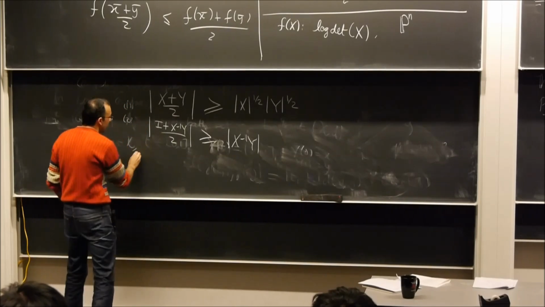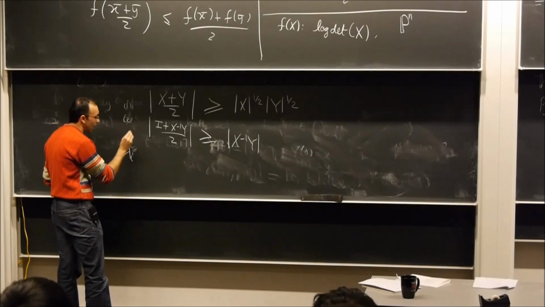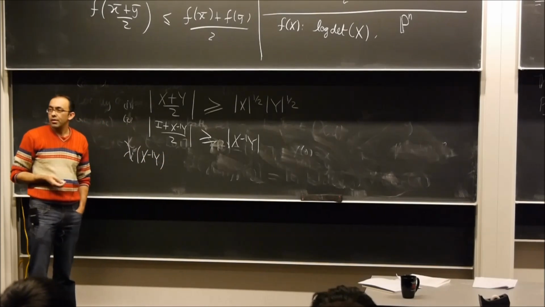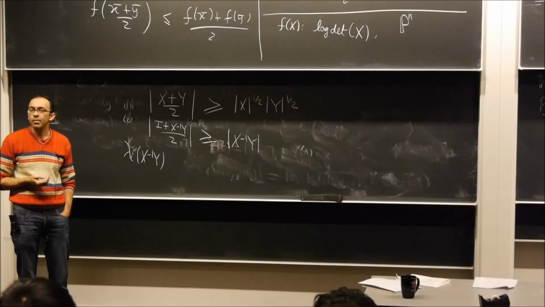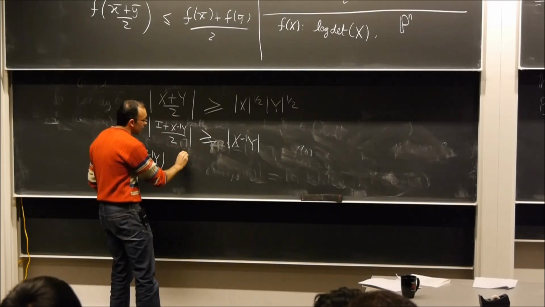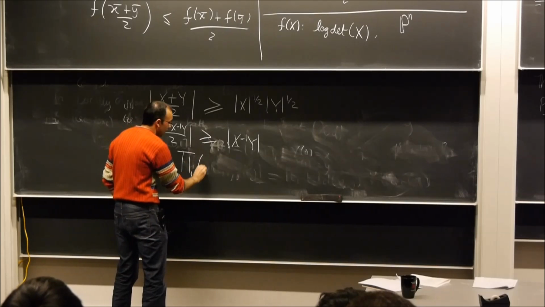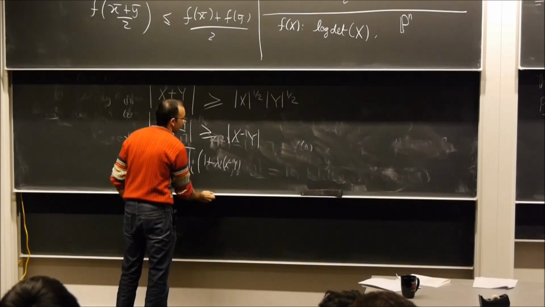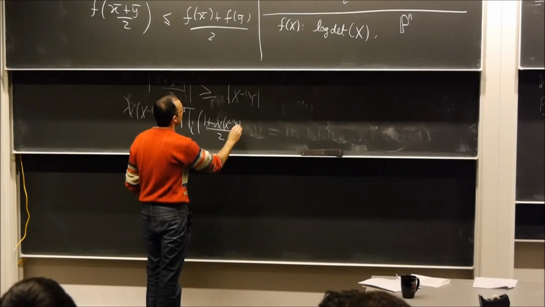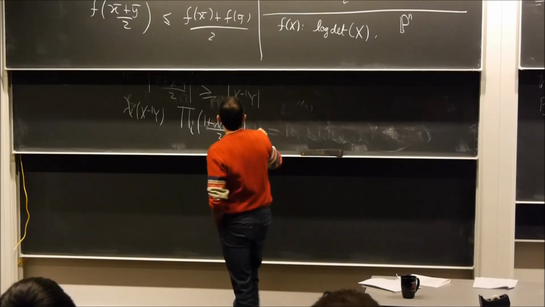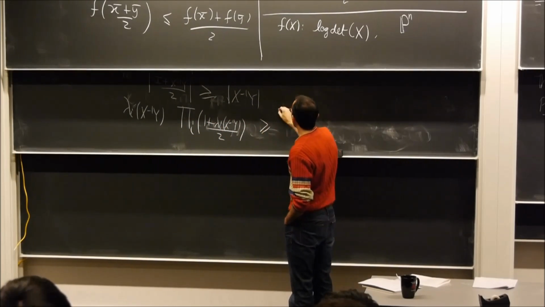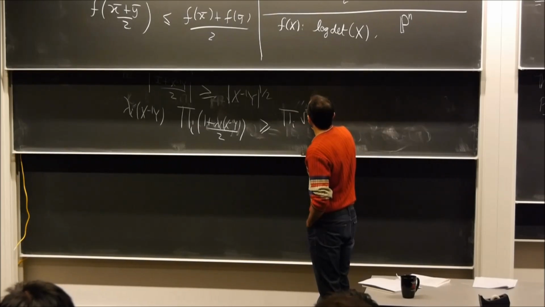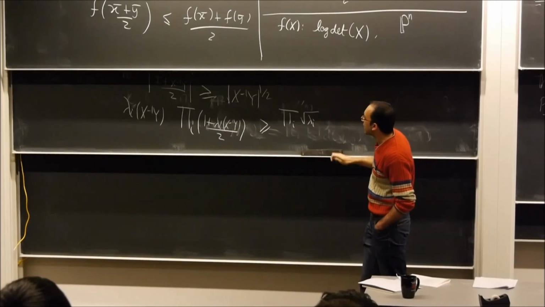So this thing, the left hand side, let lambda i of x inverse y be the eigenvalues of that product. So the left hand side is just the product of 1 plus lambda i of x inverse y, divided by 2, whereas the right hand side, this is what we want to prove, is just the product of, sorry, there's a half gone from there, square root of lambda i.